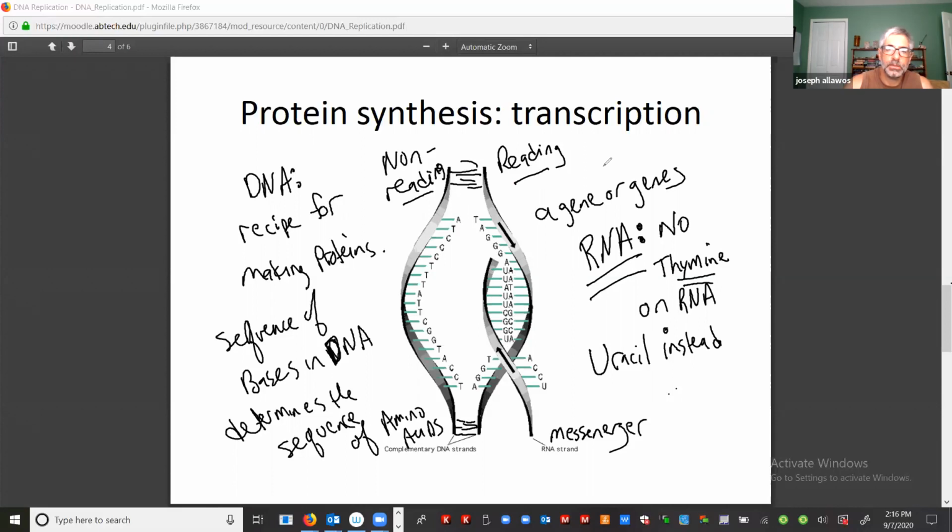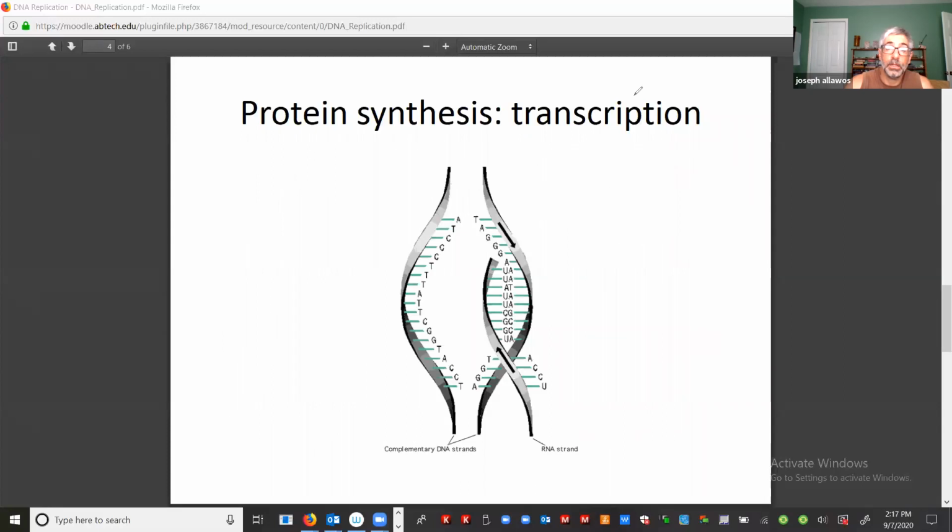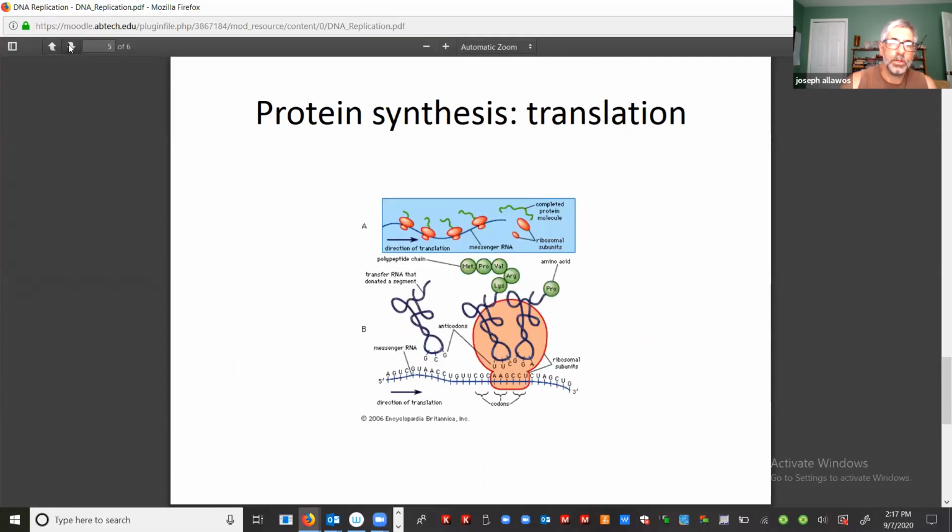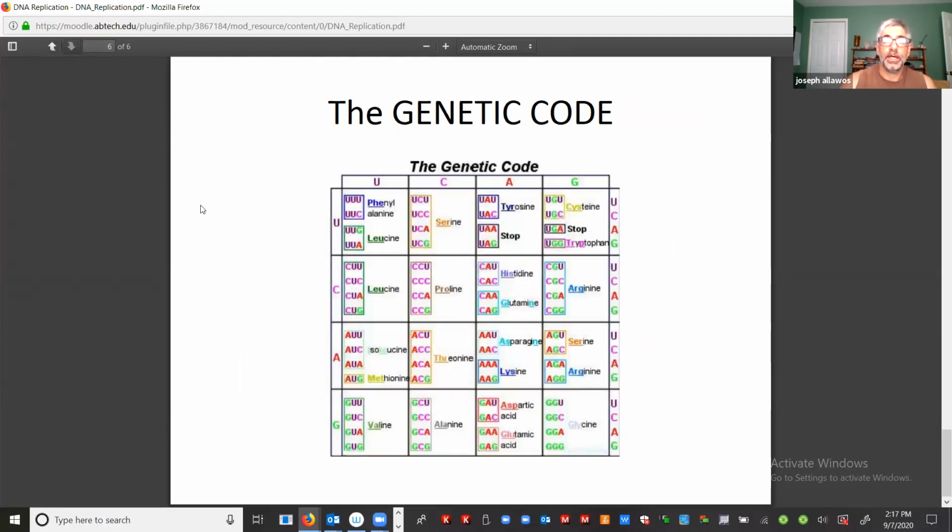Let's move on from there, and let's say that we're going to make a little piece of a protein out of a little piece of DNA. That's the goal. So here's the thing. We're going to make a little piece of DNA.